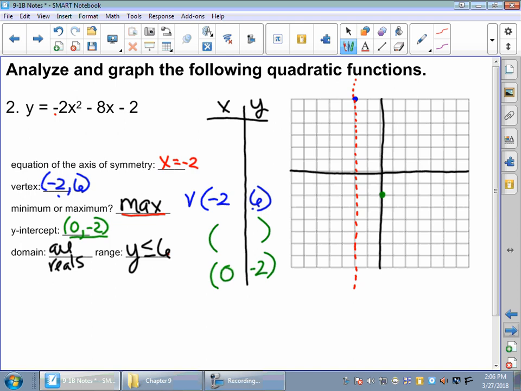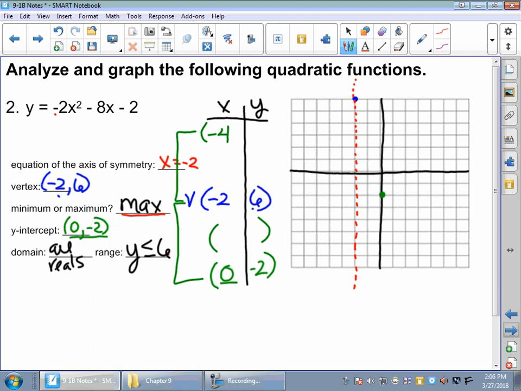Now, I don't have to pick 0. I could use any point I want to the right of that axis. But it makes sense. Why do more work? If I can use the y-intercept, I will. So 2 points to the right of my vertex gave me 0. And so if I go 2 points to the left of -2, I'll be at -4. And because they're both 2 units away, this is 2 units away, and this is 2 units away, they're going to give me the same y value.